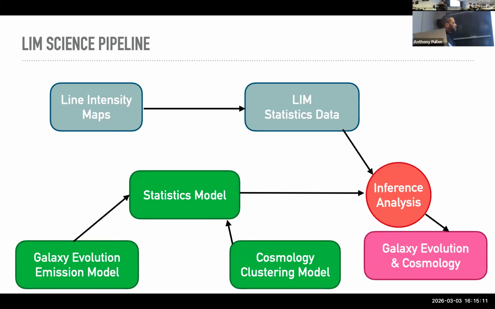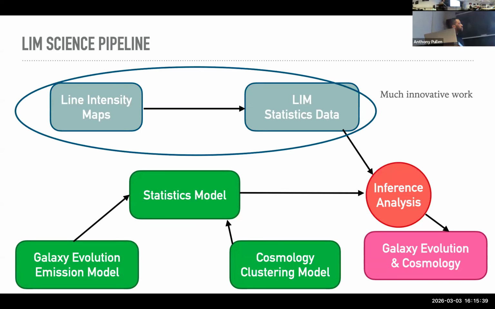Another thing you need is a statistical model, which combines knowledge of galaxy evolution as well as cosmology. By putting these two together, you do some kind of inference. That could be a parameterized model where you perform a Monte Carlo Markov chain, or you can use machine learning, or some combination. Finally, your output is knowledge of galaxy evolution and cosmology.